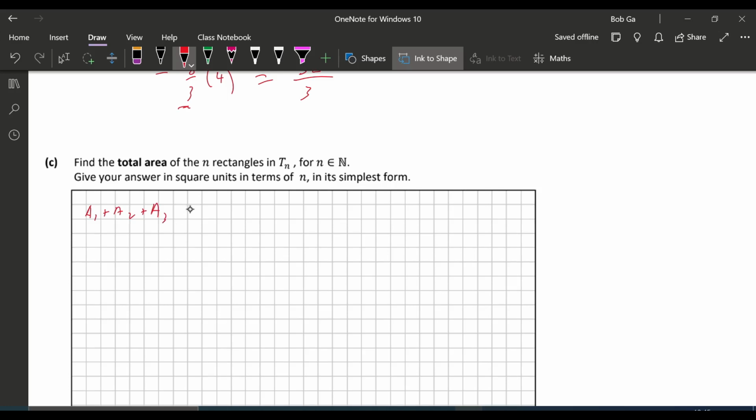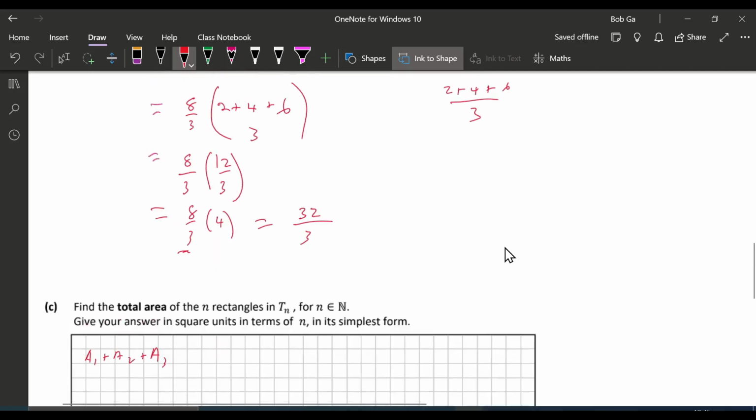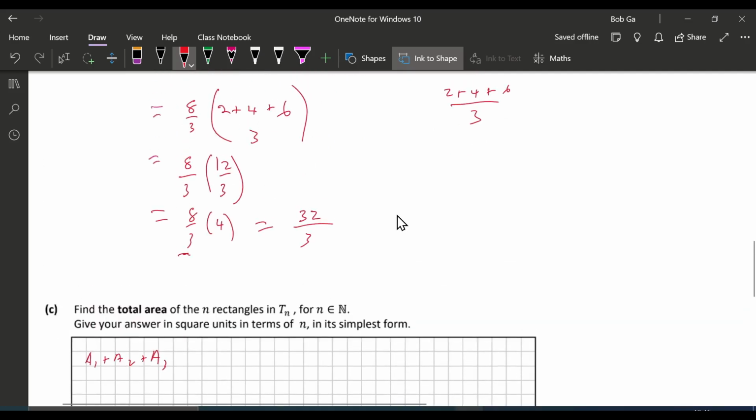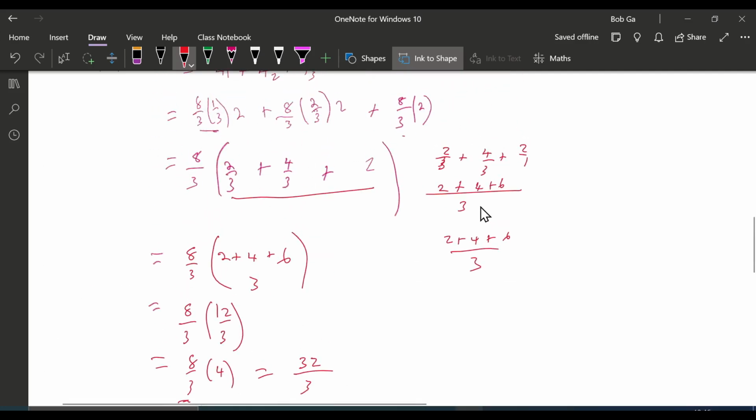Let me go back up there and borrow from there: 8 over 3 into 2/3 plus 4/3 plus 2. This boils down to this one here, so we're going to use this in place of what we have in the bracket there.